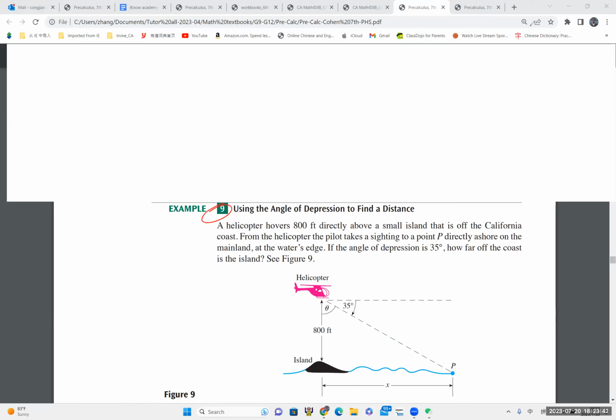Could you try example 9? We need to find the x.